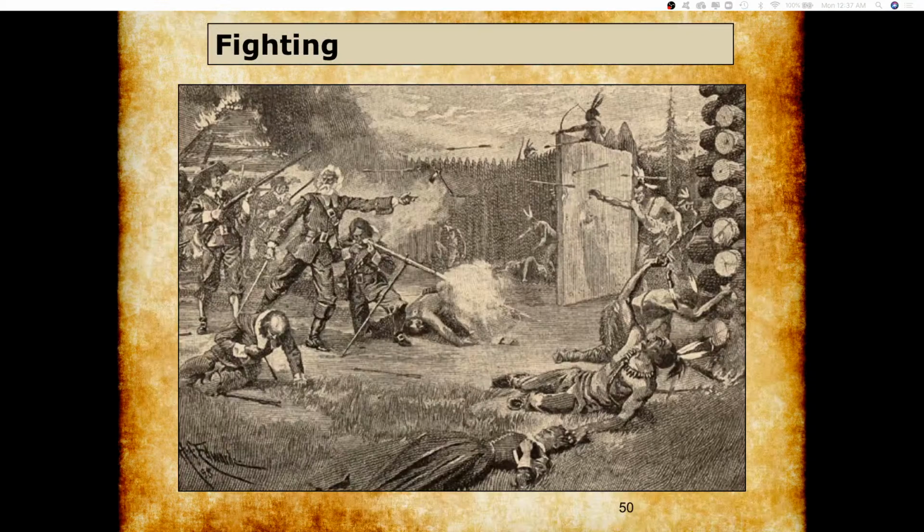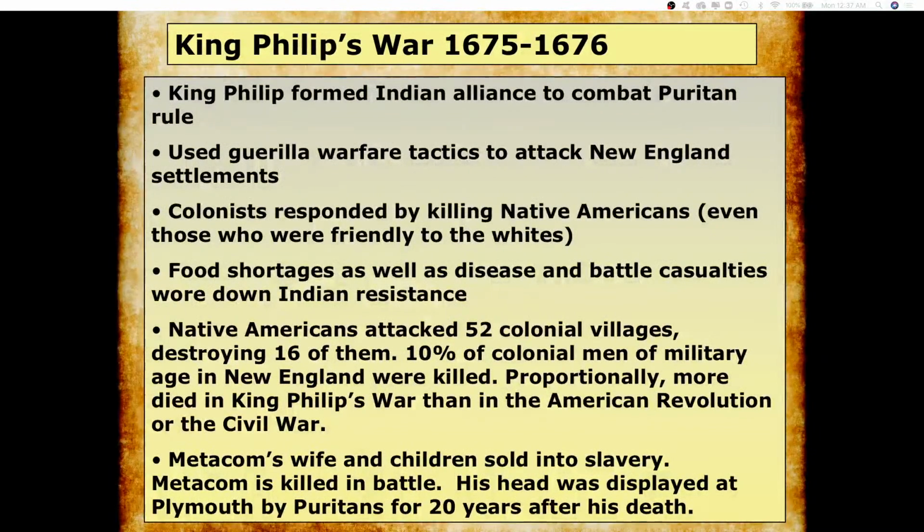And so fighting occurs. I mean, hardcore fighting. Okay? There's going to be numerous Native American settlements attacked, numerous colonial villages attacked. Really, King Philip is going to forge alliances with other native tribes, and it's kind of like this combined effort to fight against the Puritans.